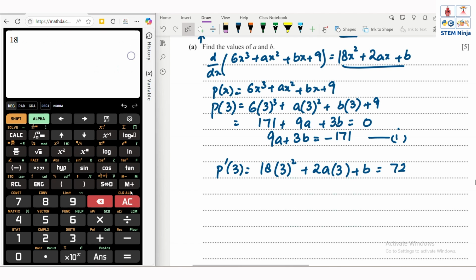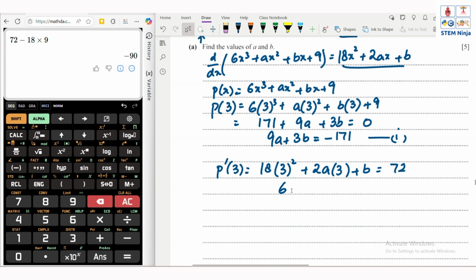So 18 times 9, that is 162. So 72 minus 18 times 9, that is minus 90. So that means 6a plus b equals minus 90. So that is the second equation.